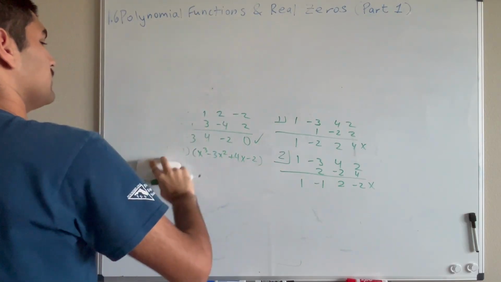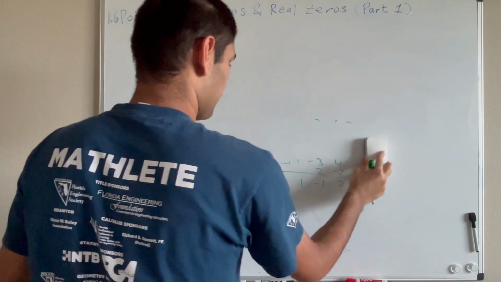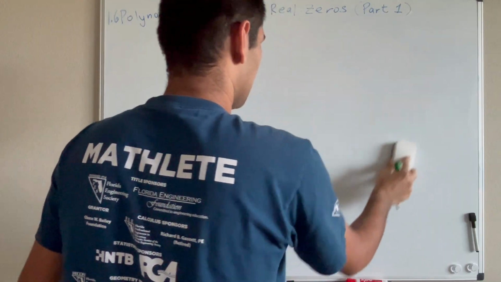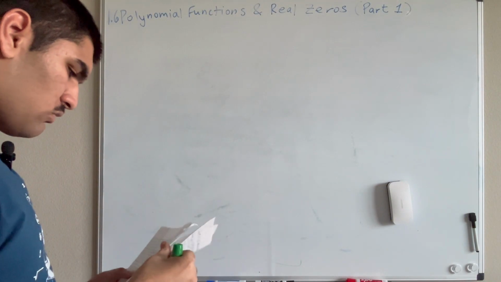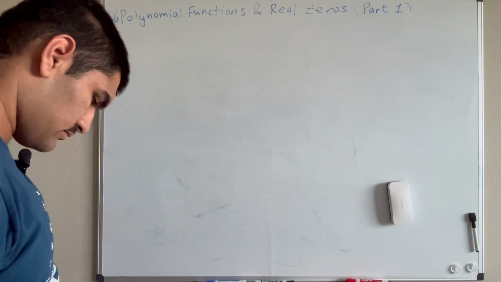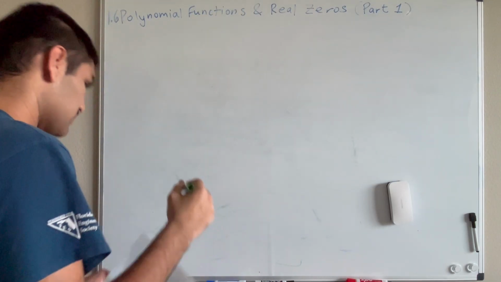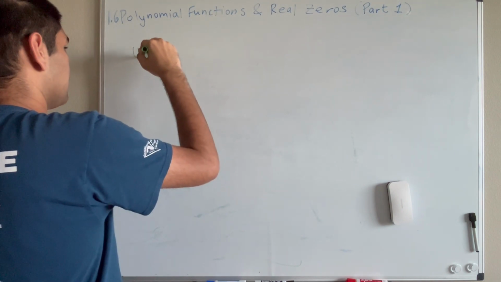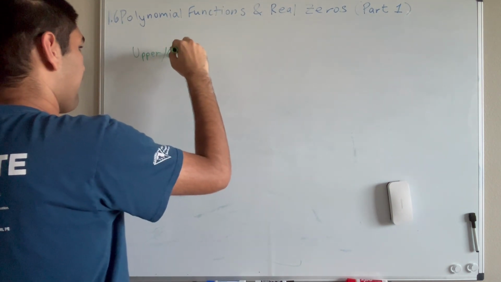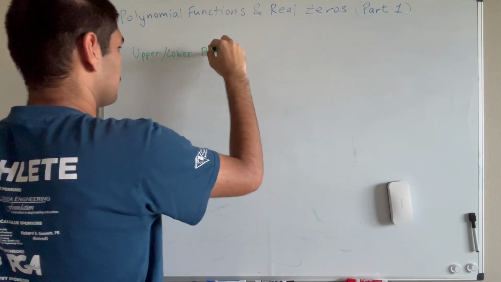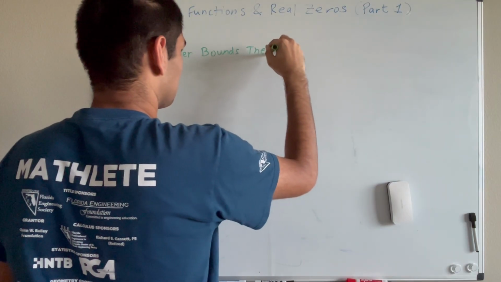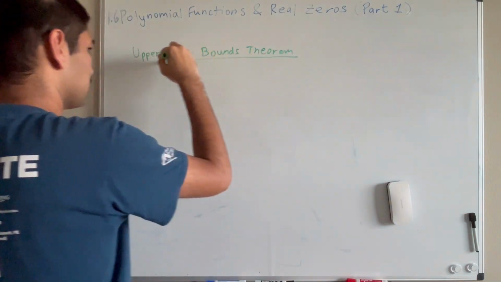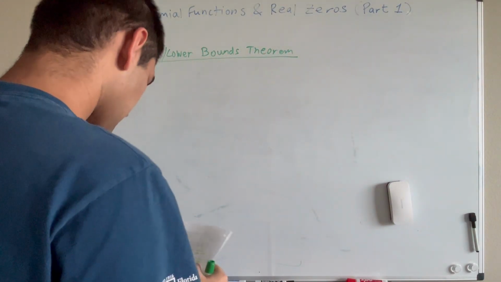And then that brings us to our final theorem for this lecture, which is the upper and lower bounds theorem. So we have the upper and lower bound theorem. Okay.